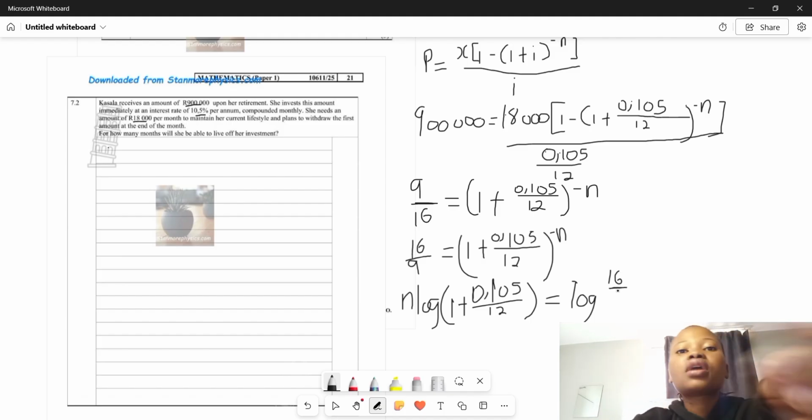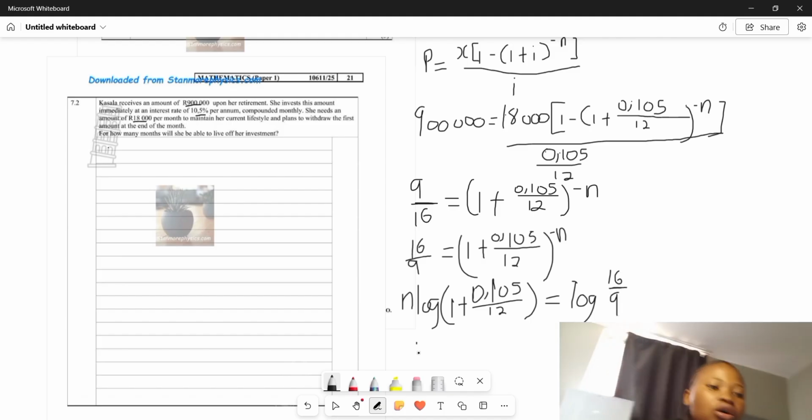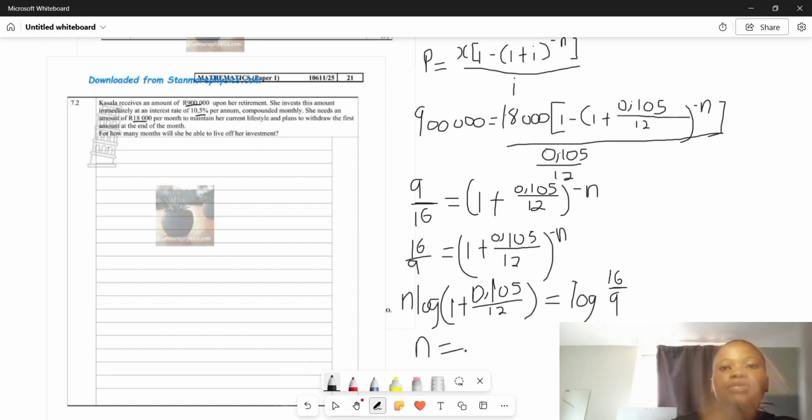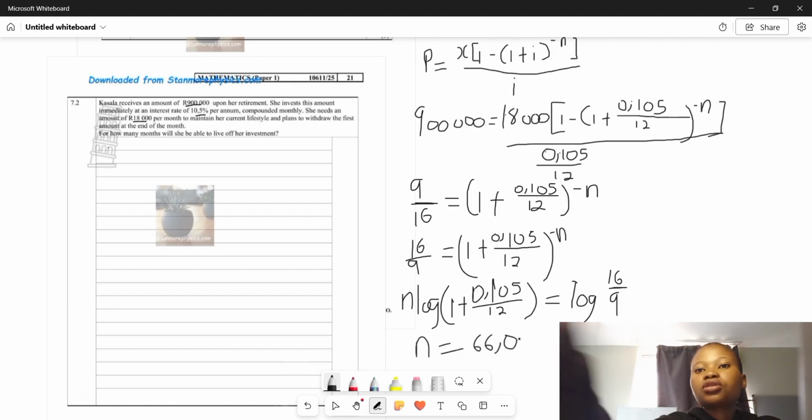Then we are going to have the correct amount of 66.043. Now that is the lesson for today.